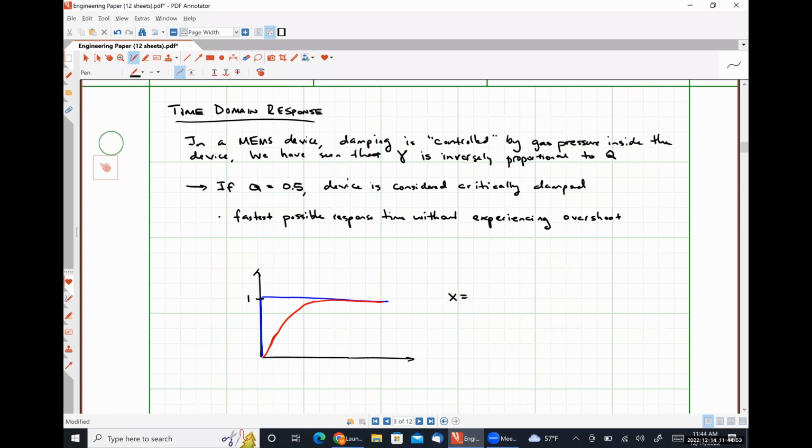It's a simple exponential response where x, our displacement, will be equal to our acceleration divided by our natural resonant frequency, omega naught.